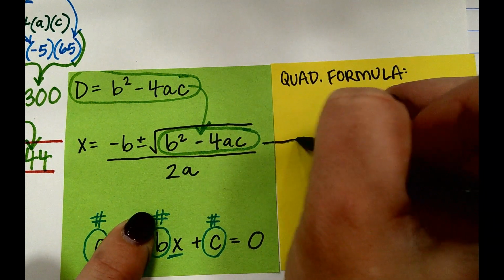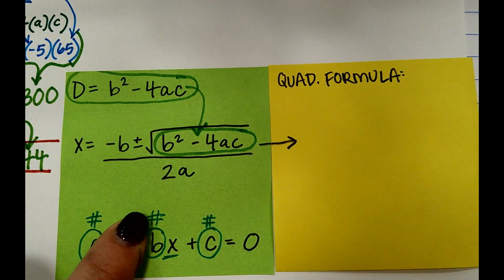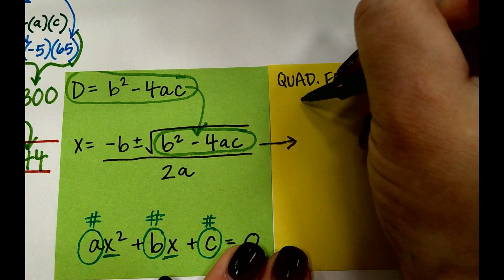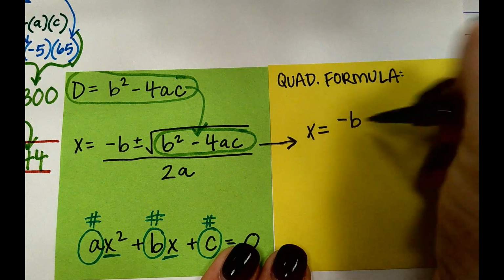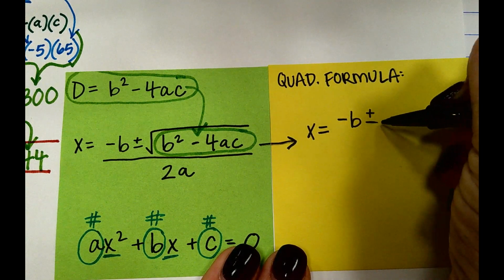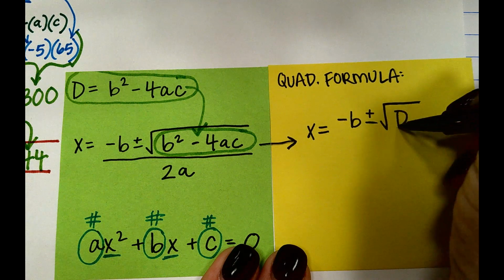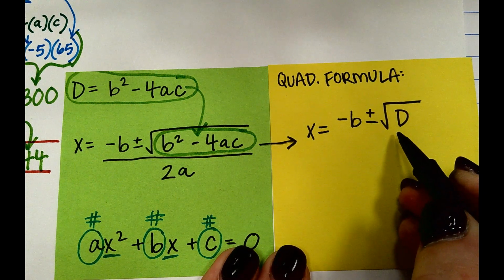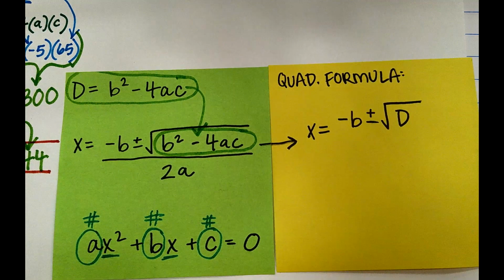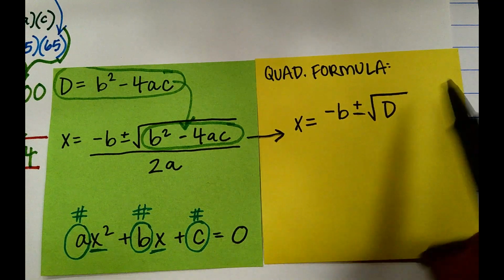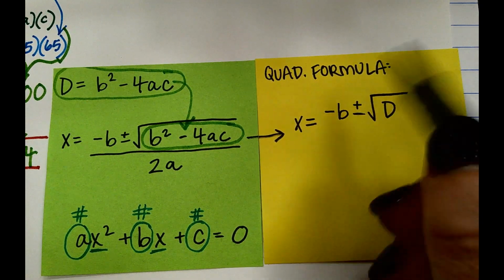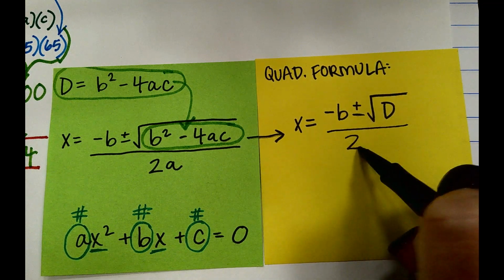So, a simpler way to write the quadratic formula is x equals negative b plus or minus the square root of the discriminant, because we just found the discriminant, right? D equals 1,444. That's why we're putting it right there, all over 2a.